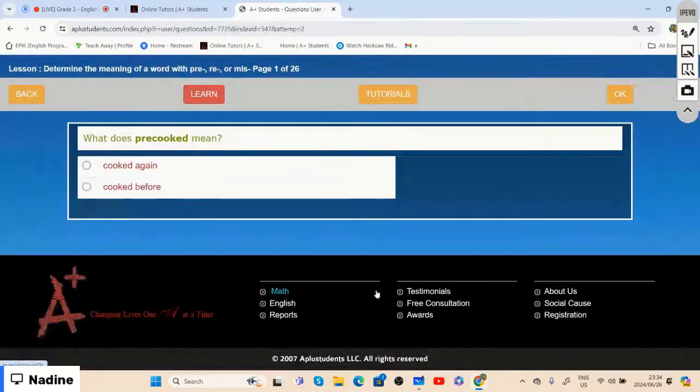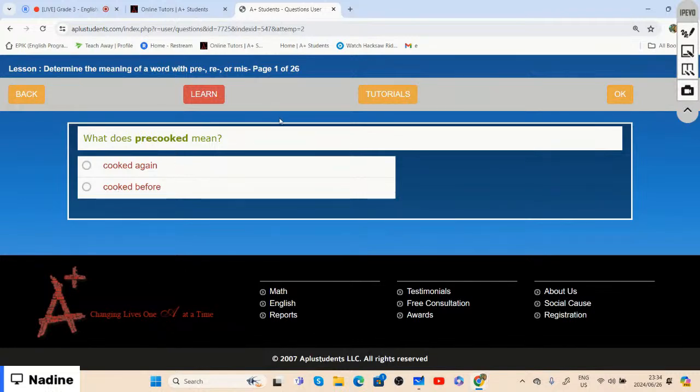All right, so now let's go to our test. Yes, misread. It means that you read it wrongly. Well done. So misread means that you read something wrongly or incorrectly. So well done. All right, so now let's go to our test.